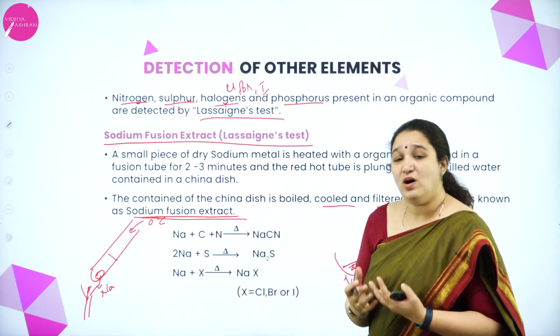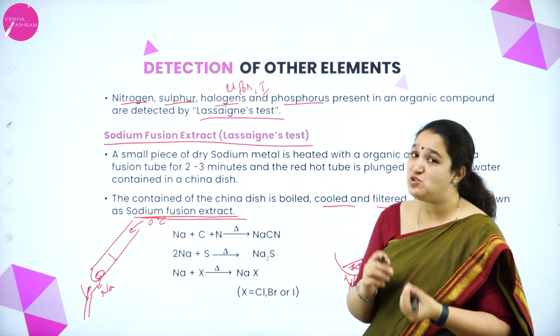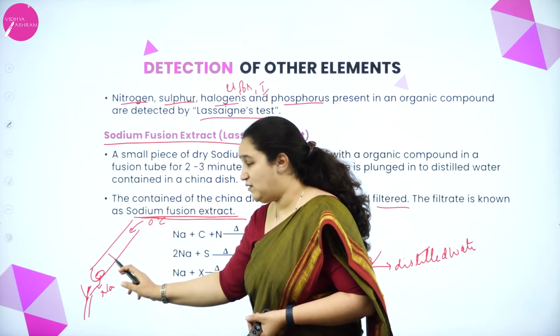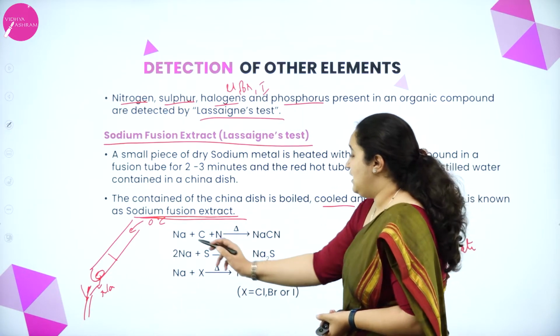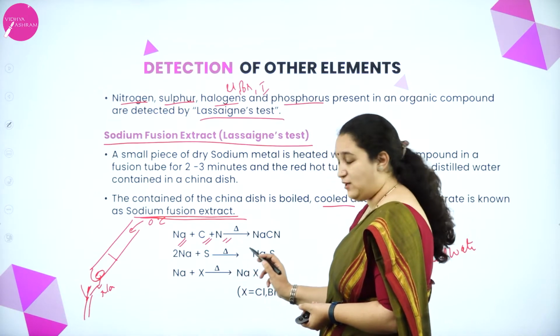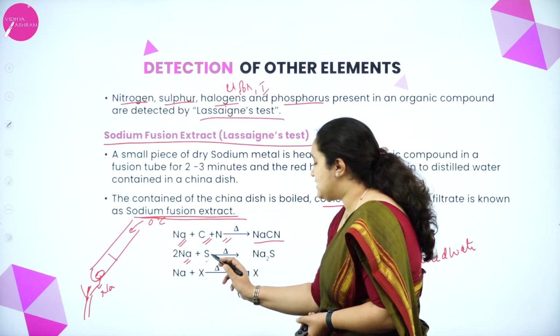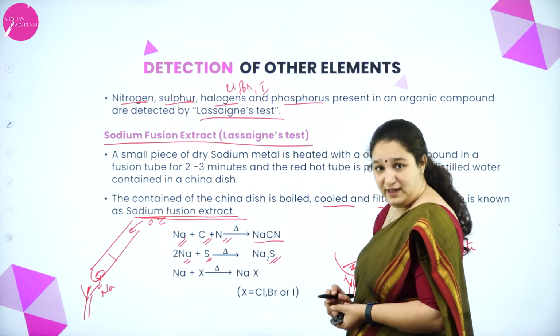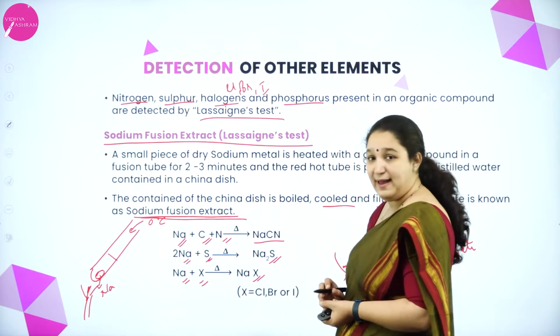Now, what is happening when you are heating your organic compound with the metal sodium? You're taking sodium metal with organic compound, isn't it? So what is happening there? See, if carbon and nitrogen are present, sodium reacts with them to form sodium cyanide. Sodium with sulfur forms sodium sulphide, Na2S. And sodium with halogen forms sodium halide.